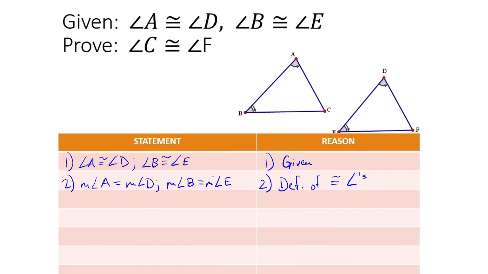Now I'm going to use the triangle sum theorem. I'm going to say measure of angle A plus the measure of angle B plus the measure of angle C is equal to 180, and that's because of the triangle angle sum theorem.